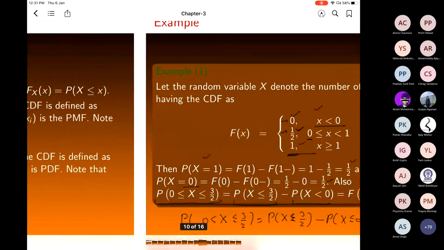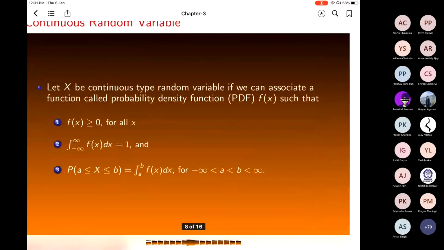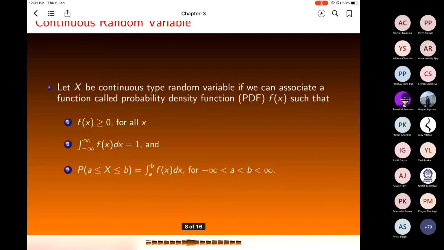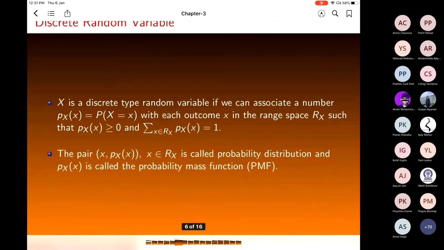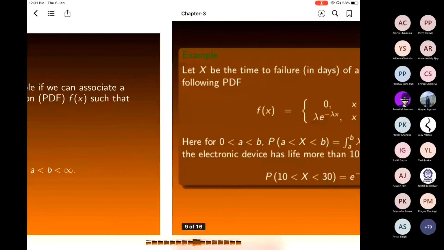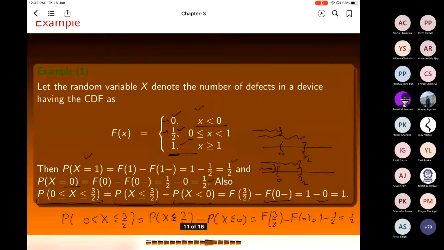Now, as we have seen, corresponding to CDF... Excuse me, sir. Yes. In the last step of that problem, how did you replace P of x less than 3 by 2 by f of 3 by 2? This is the definition, no?